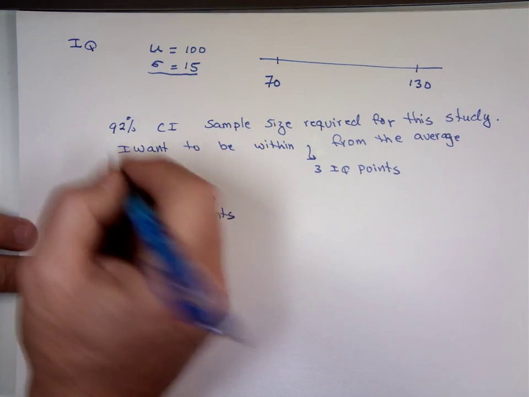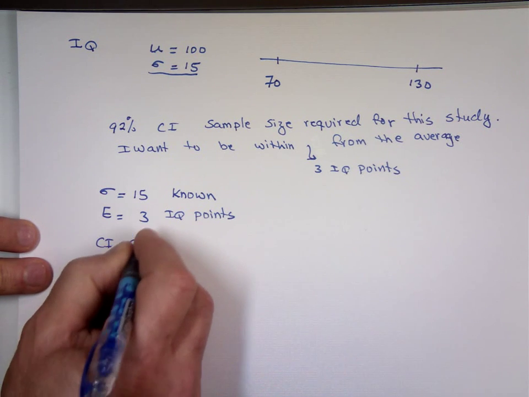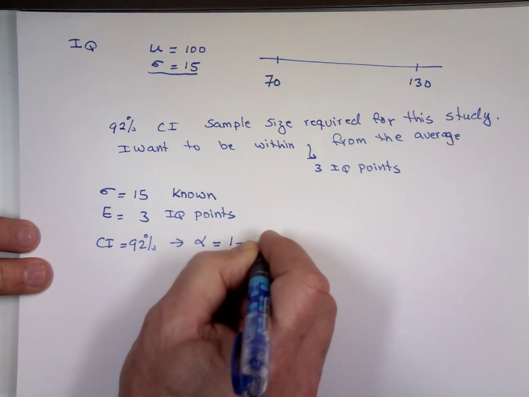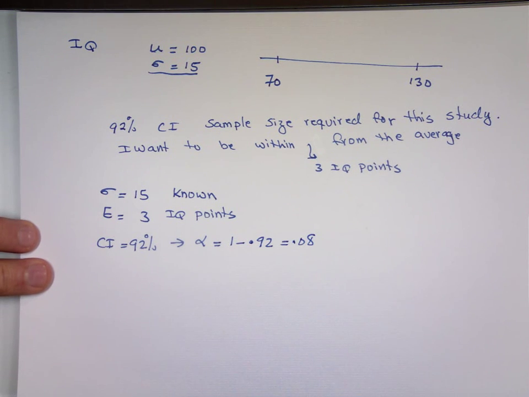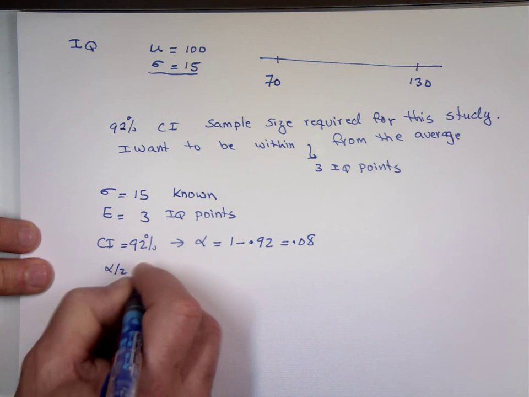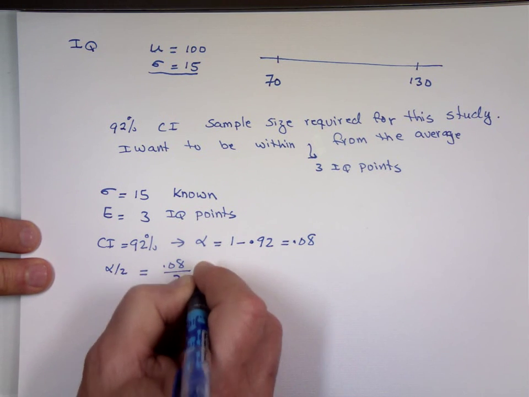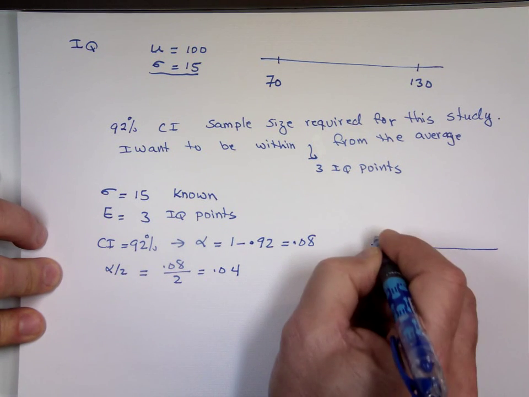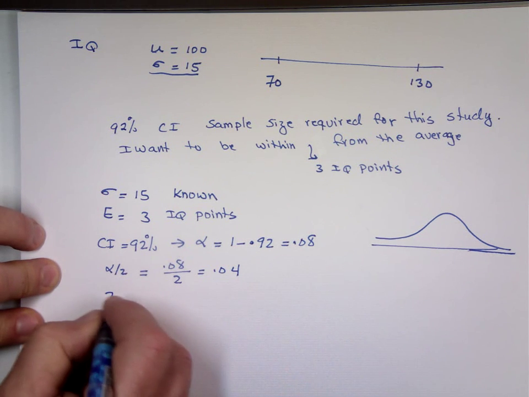I know the confidence level is, I chose 92%, which means my alpha is going to be what? 1 minus 0.92, which is 0.08. What's alpha over 2? Half of that. That means I can figure out Z alpha over 2 now. What is Z alpha over 2?